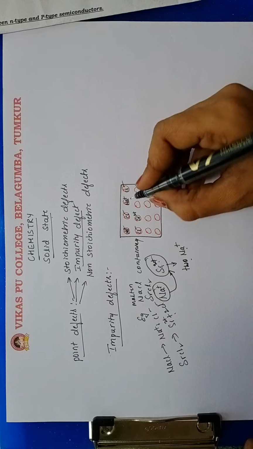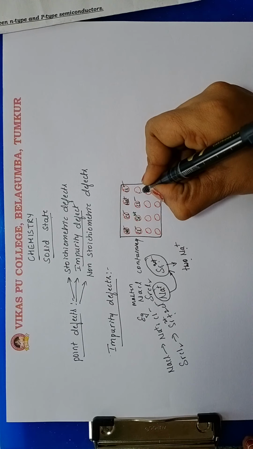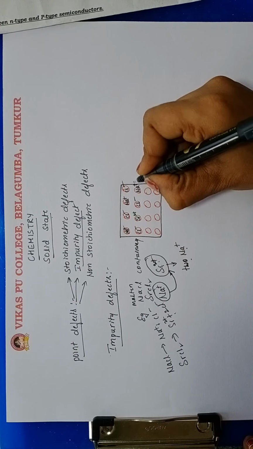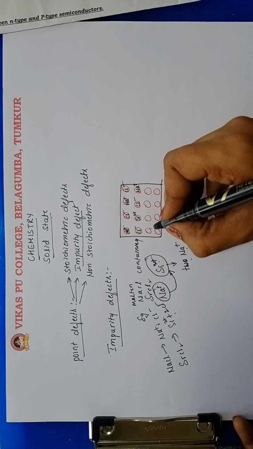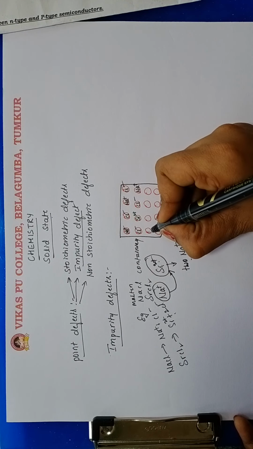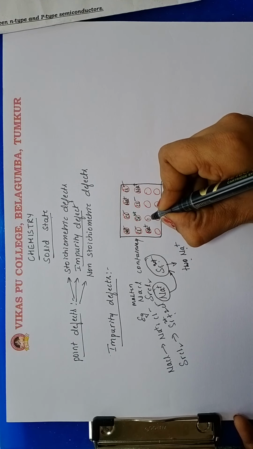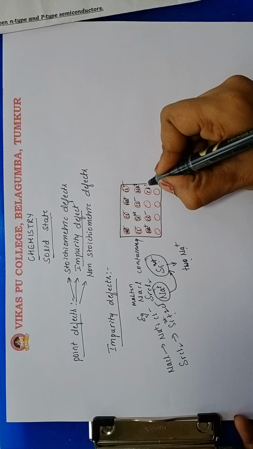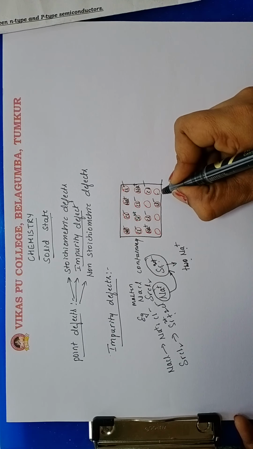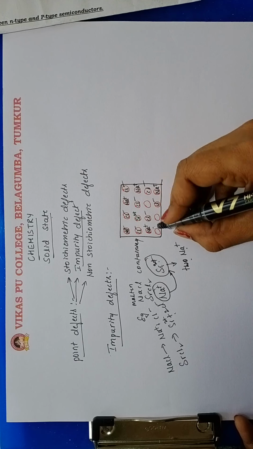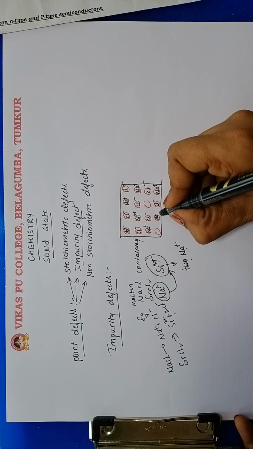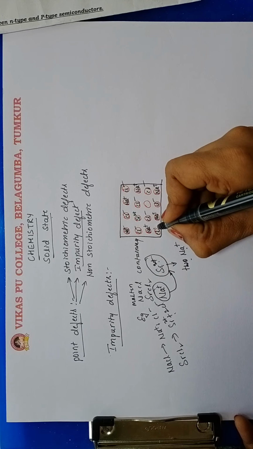Then Cl minus, Na plus. Then another vacant site, then Na plus, Cl minus, Na plus. Then Na plus, Cl minus.